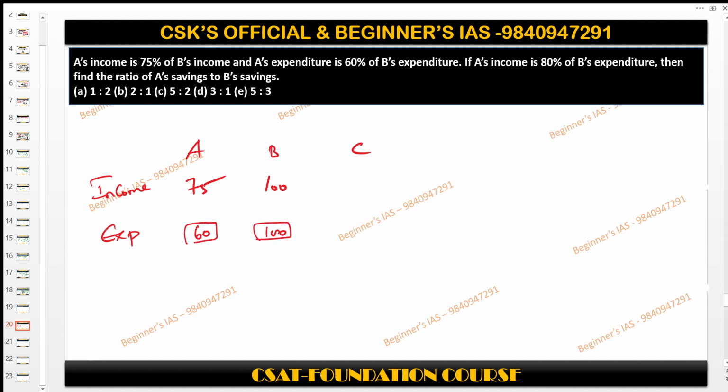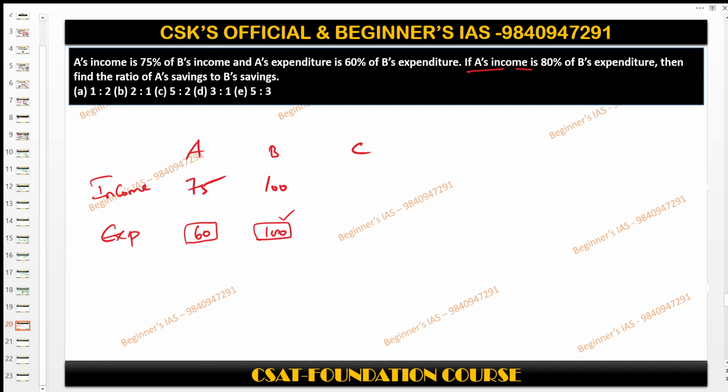Sir, B's saving will become zero if you take 100. No, I am just taking it as a sample here.